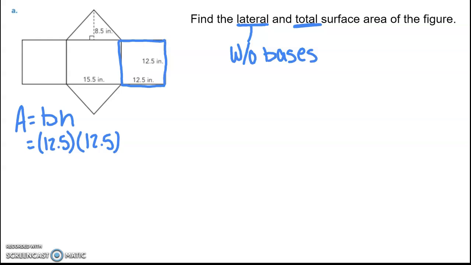So go ahead and multiply 12.5 times 12.5. When you multiply those, you should have gotten 156.25. So this is 156.25. And I also know that this square is going to be 156.25.